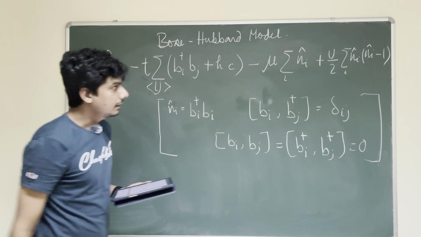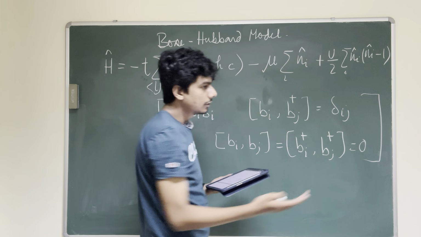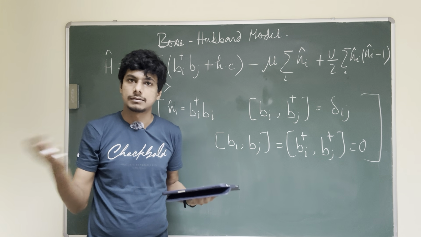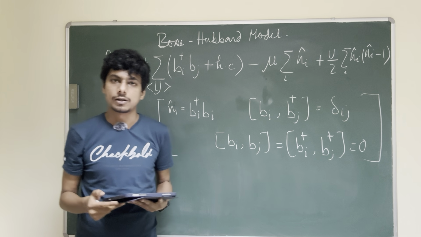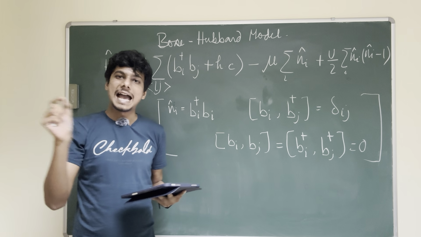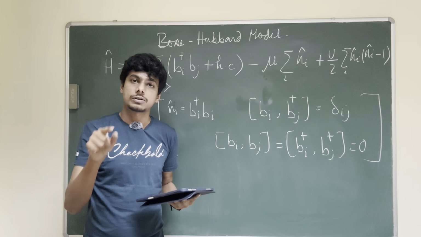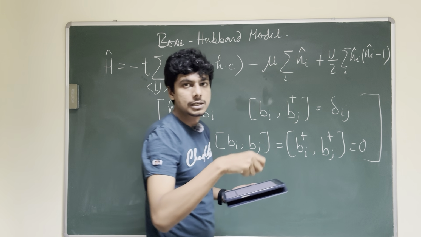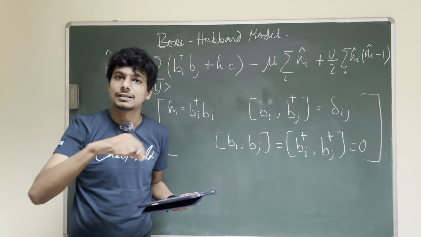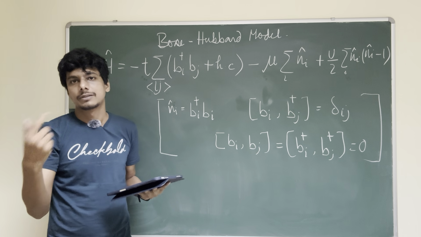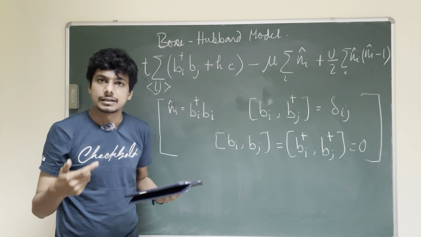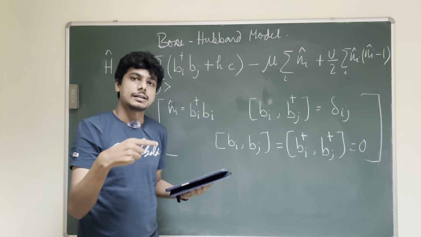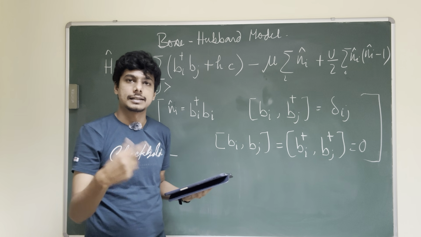And this chemical potential mu, we know the chemical potential in the grand canonical ensemble: if you add some particle, the energy cost is controlled by the chemical potential. If you extract one particle from that point, that is called the excitation of a hole, and if you put in an extra particle, then it's the particle excitation.